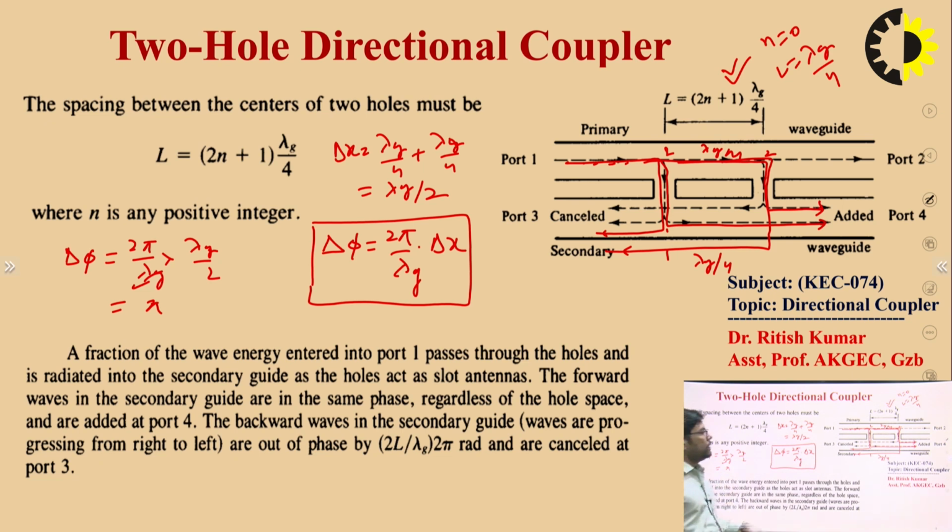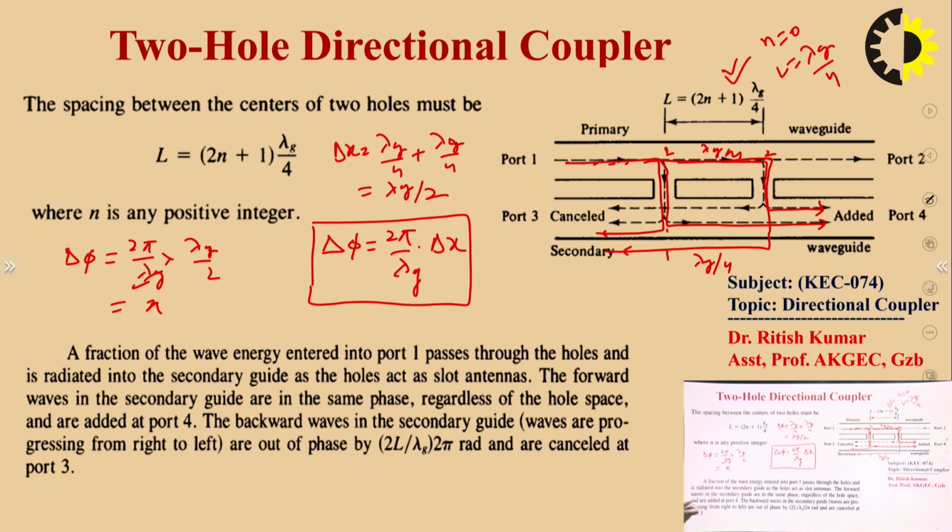So both powers received at port number 3 are out of phase. That's why they cancel each other out, and the power becomes 0 at port number 3.